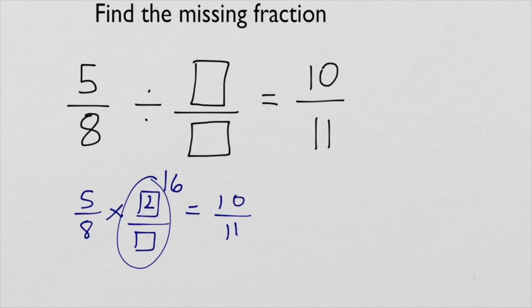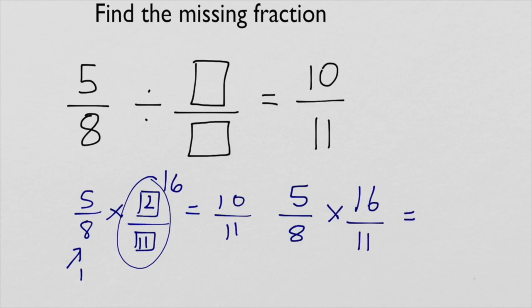So when we put 8 into both, that cancels down to make 1 and 16. So if this number here becomes 1, I can write that as 11. So what we get, if I rewrite it here, is 5/8 times 16 over 11, which equals 10/11.